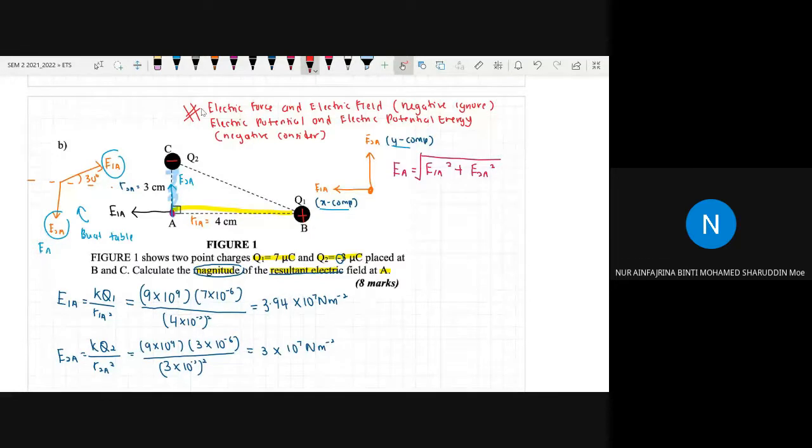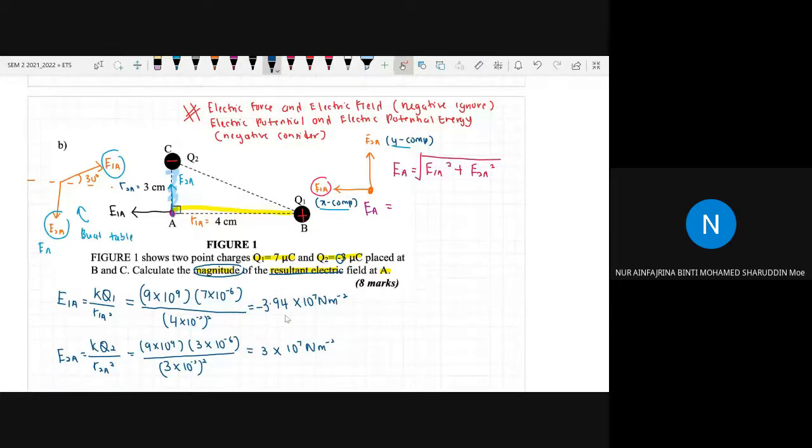Okay. So once you dah dapat you punya E1A and E2A, just letak dalam formula magnitude to find your EA. So your EA akan jadi, okay, now before that I have a question. You punya E1A ada negatif ke tak ada? Should I put the negative here or no need? Okay, we need to put it. Why? Kenapa kita kena letak?